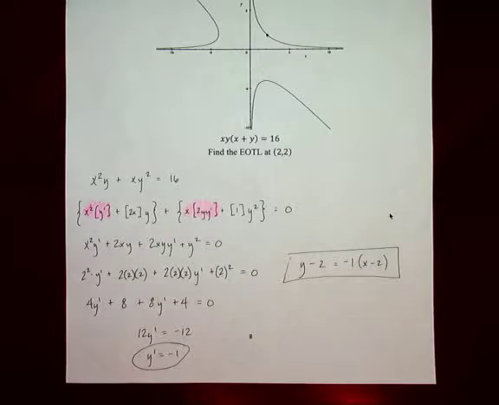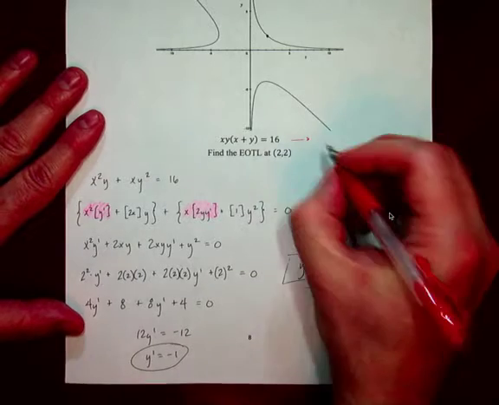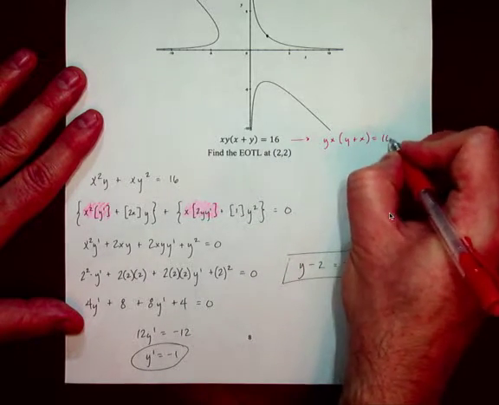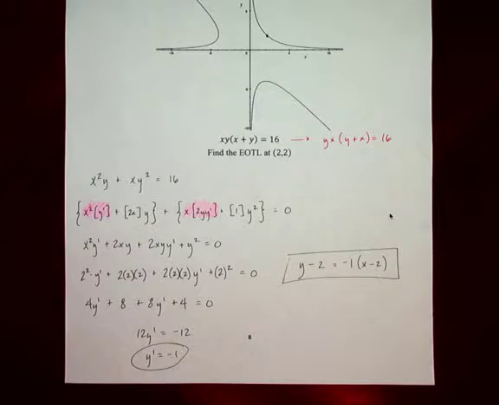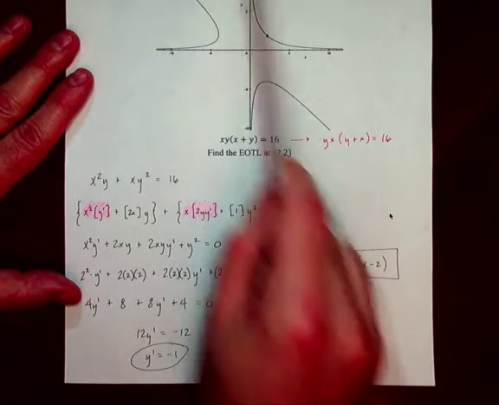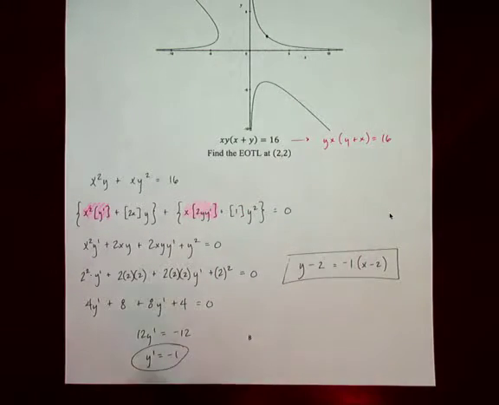If we were to swap x and y in this equation, we would get yx squared plus xy squared equal to 16, which is, of course, identical to the original. So it shouldn't surprise me that I get that.